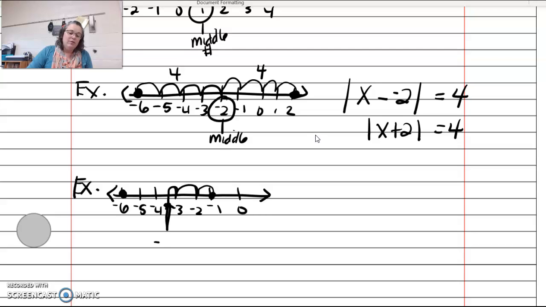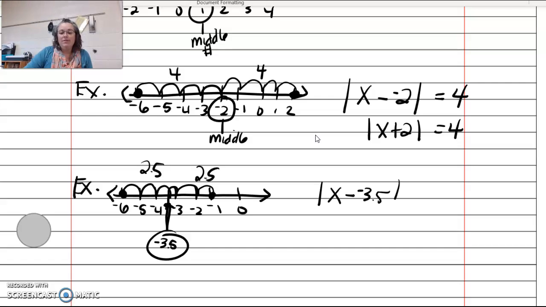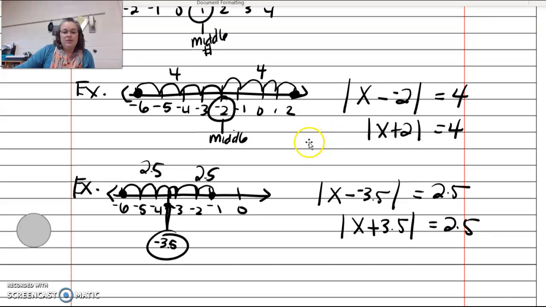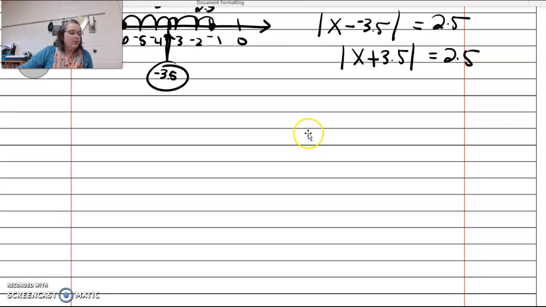Well, between -3 and -4 is -3.5. So the absolute value of x minus -3.5 gives us a distance of 2.5. And we'll clean that up. So we get x plus 3.5 gives us a distance of 2.5. So for writing equations, if you just use the formula, it should be pretty straightforward.